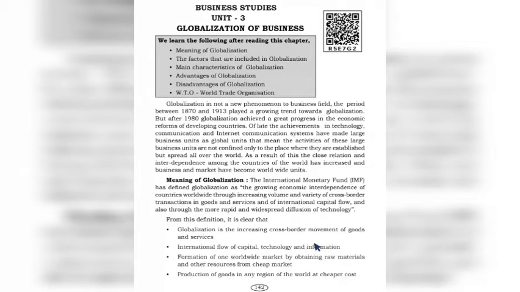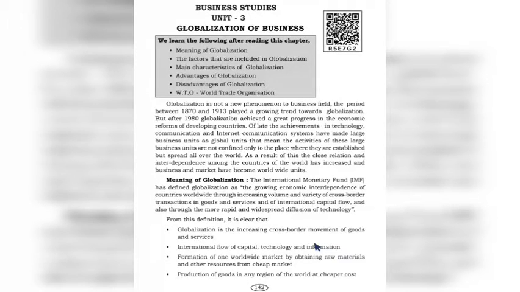So because of this, business units became global units, as I explained in the beginning of this topic. Why have they become global units? Because they are not confined, confined meaning restricted, only to the place where they are established. Suppose there is a company called ABC Company, doing business in India only.